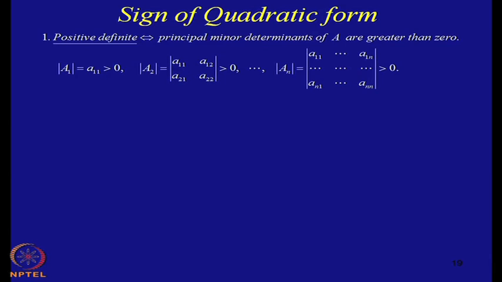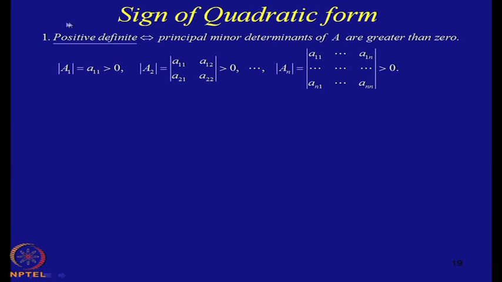From there also we can conclude about the positive definiteness, negative definiteness, semi-definiteness or indefiniteness of the matrix. Now, it will be positive definite if the principal minors of A are all greater than 0. The kth principal minor is obtained by considering the first k rows and first k columns together.